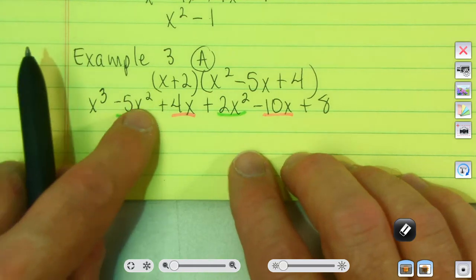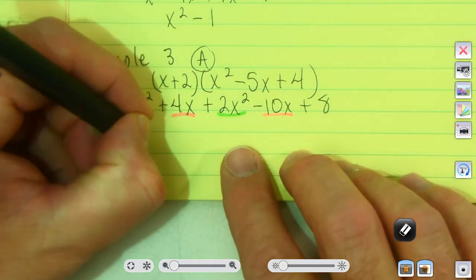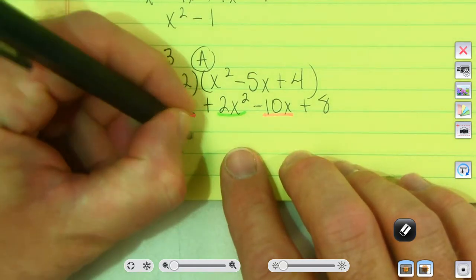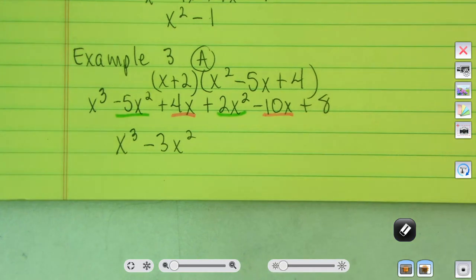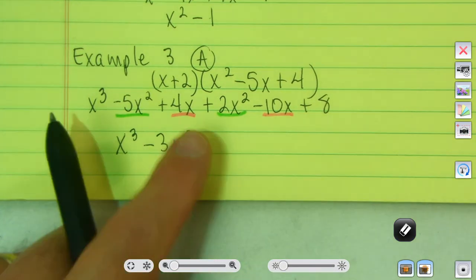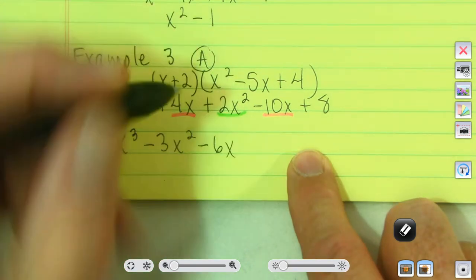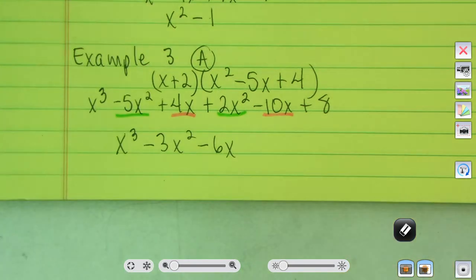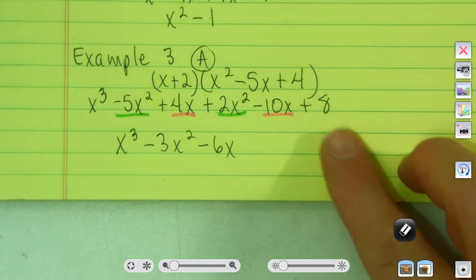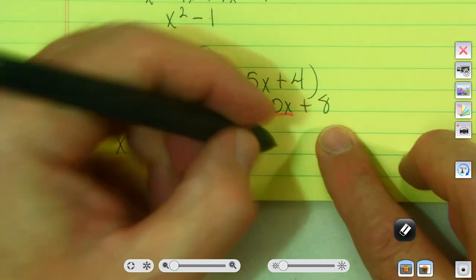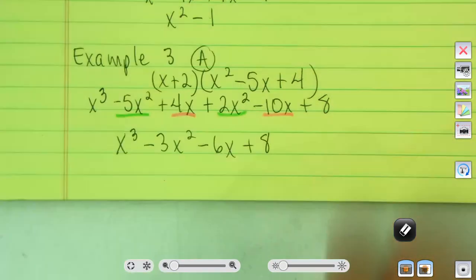So a negative 5x squared plus 2x squared is a negative 3x squared. Then positive 4x and a negative 10x would be a negative 6x. And lastly, there's nothing to combine with 8, so it's just plus 8. Questions on that?